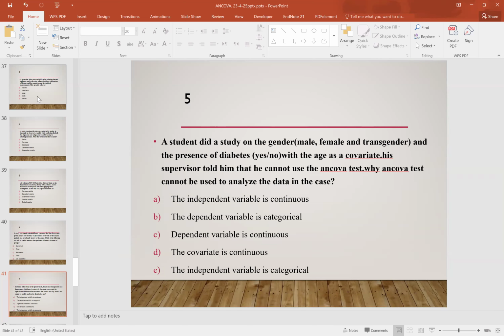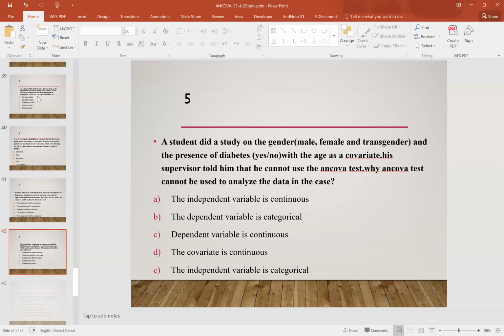The dependent variable is continuous. The covariate is continuous. The independent variable is categorical. It's B. Yes, it's B, the dependent variable is categorical.